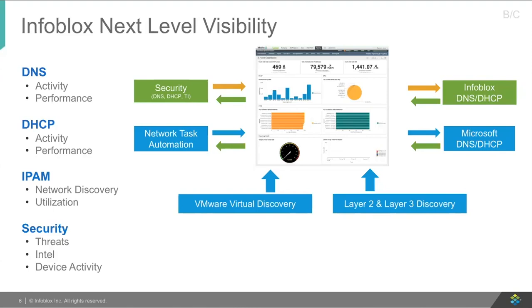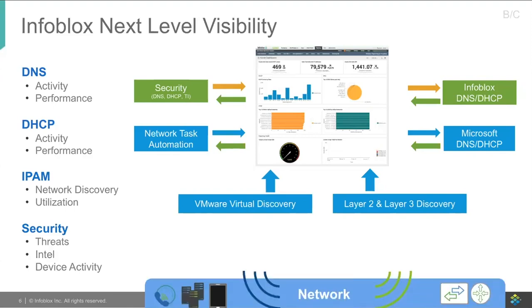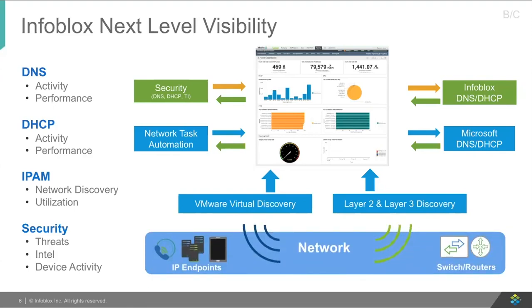And then for the physical devices on your network, the layer 2 and layer 3 discovery, we can communicate with routers, switches and firewalls. We can identify the specific make and model of those devices, the IP addresses they're using, and what's connected to them, more importantly. So you get a full 360 view of what's on your network.